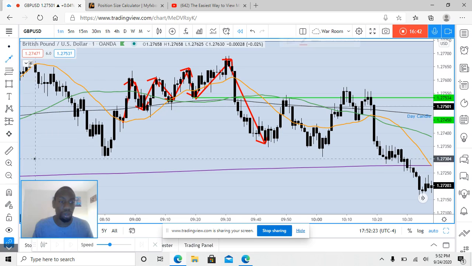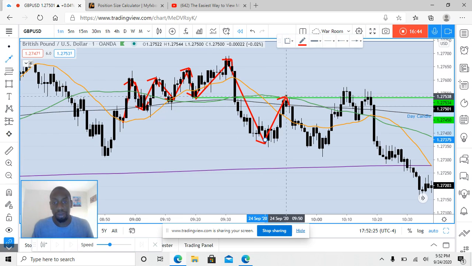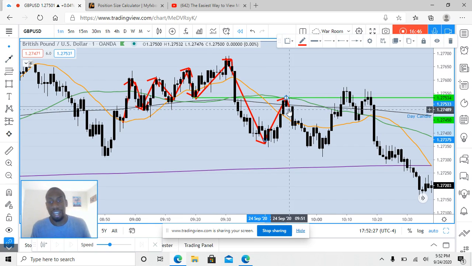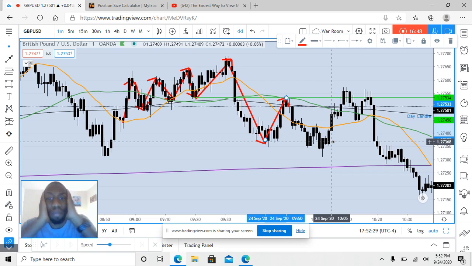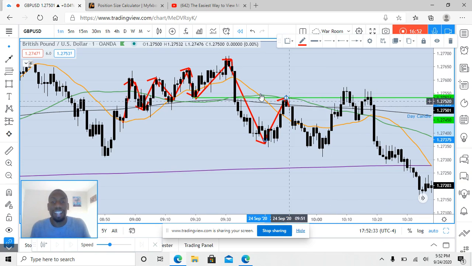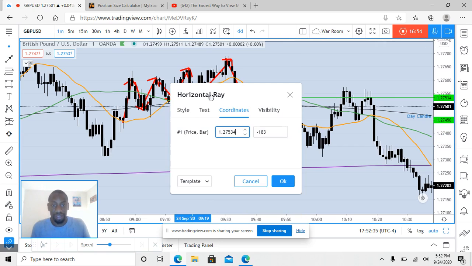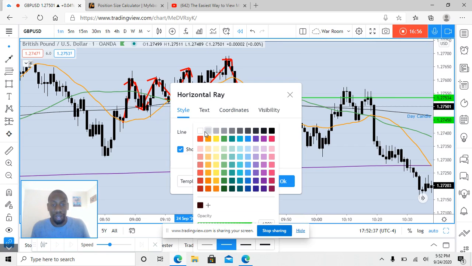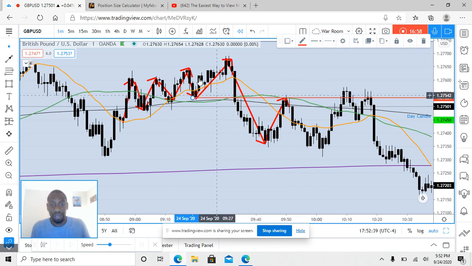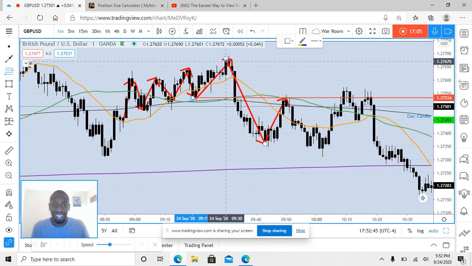We're looking for a lower high, right? But what happened? That lower high landed right at that structure line, at the same point.